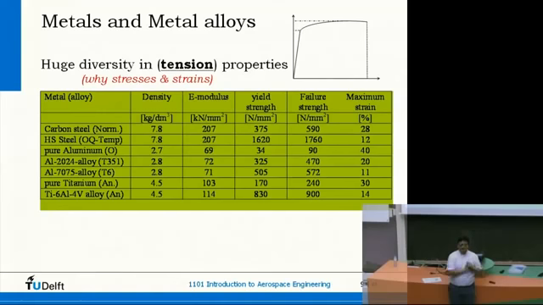So the aluminum bar is stronger than the steel bar, but it does not say something about the material itself. If I would like to compare aluminum and steel, I have to do a specific calculation. In tension, for instance, I have to take the load and divide it by the cross-section of the bar, and then I get a so-called stress. Force divided by cross-section is a stress.